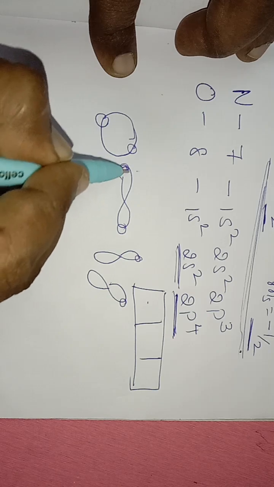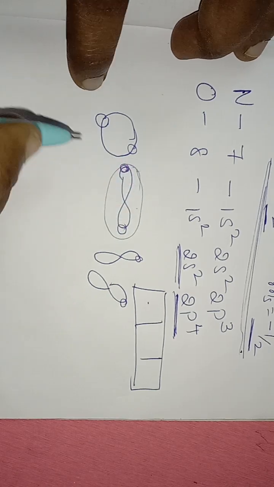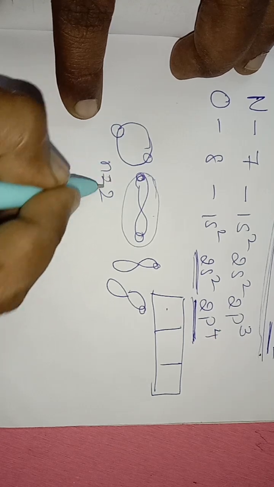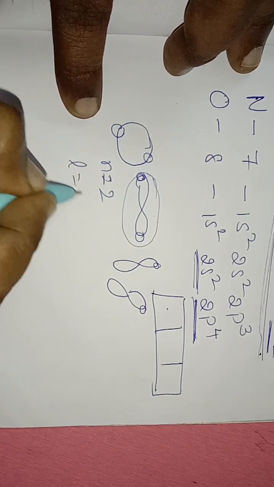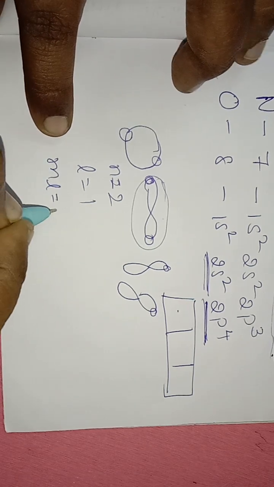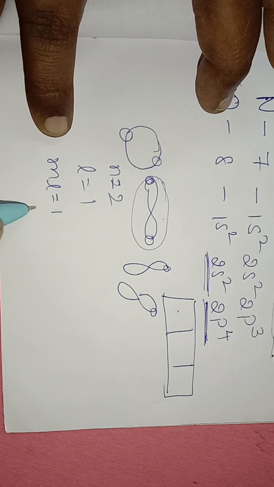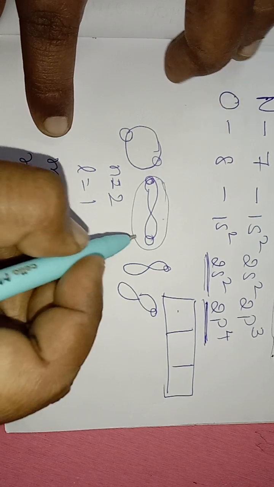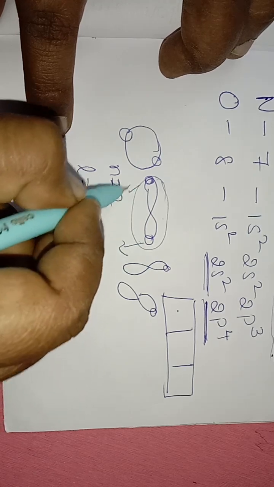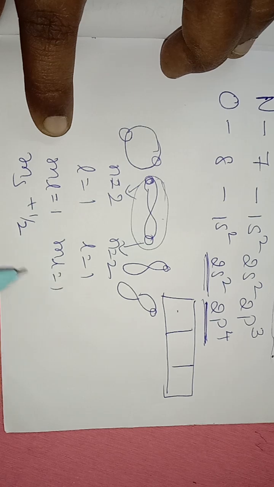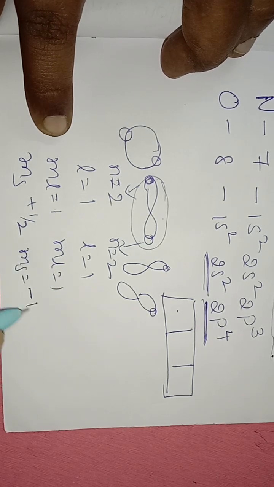Suppose we take these two electrons: n equals 2, l equals 1 for p shape, ml equals 1, and spin changes, plus 1 by 2 and minus 1 by 2. For the other electron, n equals 2, l equals 1, ml equals 1, and ms equals minus 1 by 2.